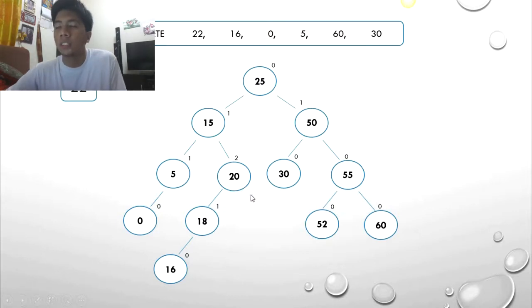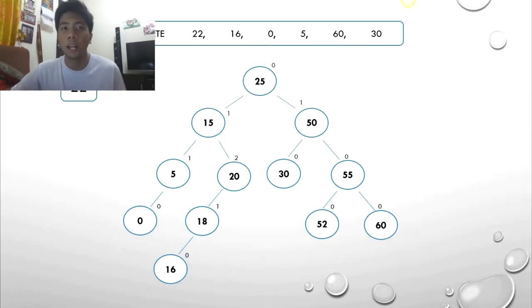We will consider this tree not balanced. For an AVL tree to be balanced, the balance factor has to be between -1 and 1. Any number beyond 1 or -1 means the tree is not balanced.